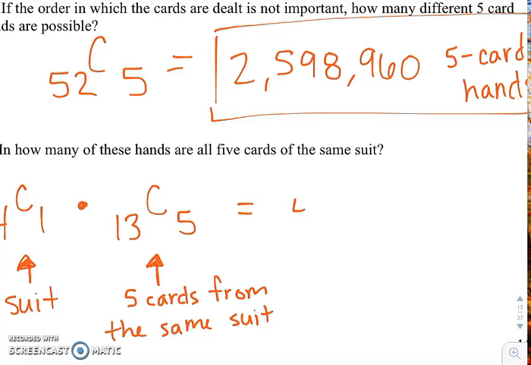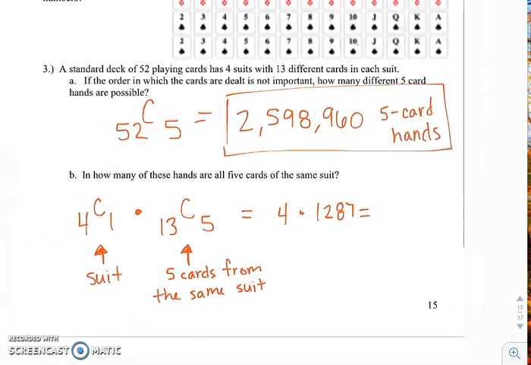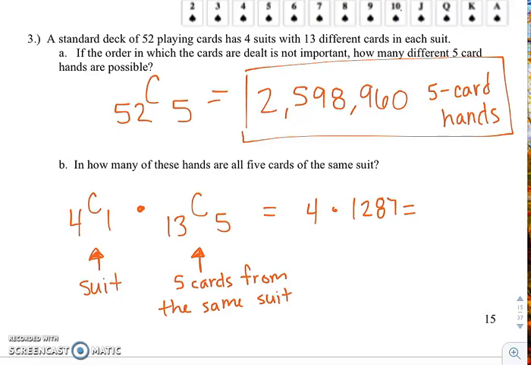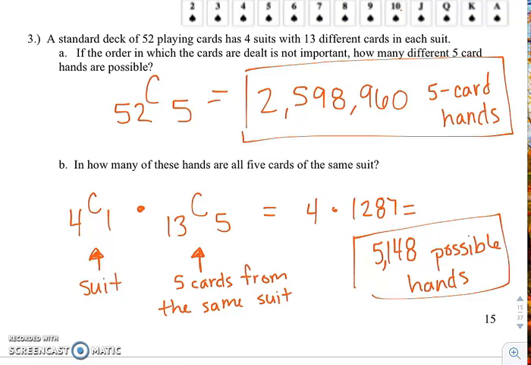So 4 choose 1 is 4. 13 choose 5 is 1,287. You can type it all in at once. I'm just writing it down. So 4 times 1287 equals 5,148 possible hands with all 5 cards being the same suit.